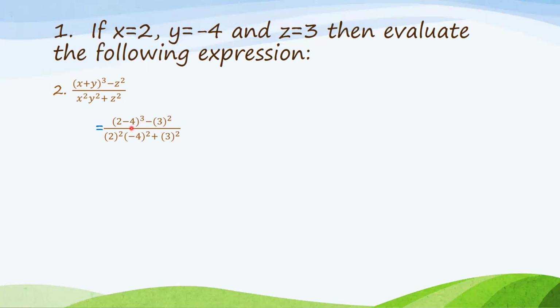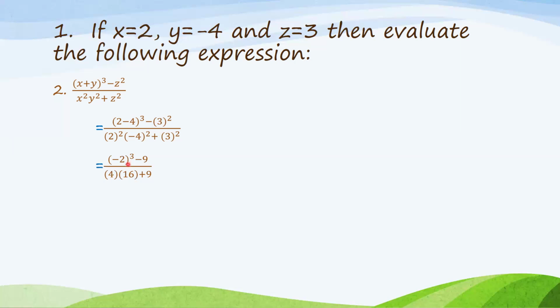What about 2 minus 4? Students, 2 minus 4 is not 2. Here the negative number is greater, so the answer will be negative. So we get minus 2 whole cube. Students, what is the meaning of minus 2 cube?